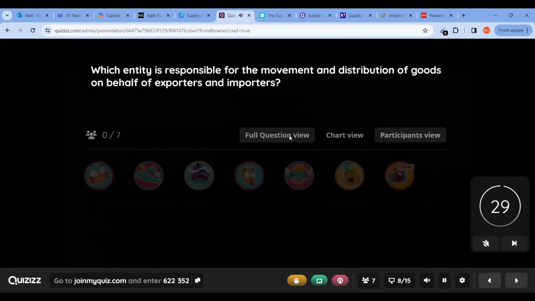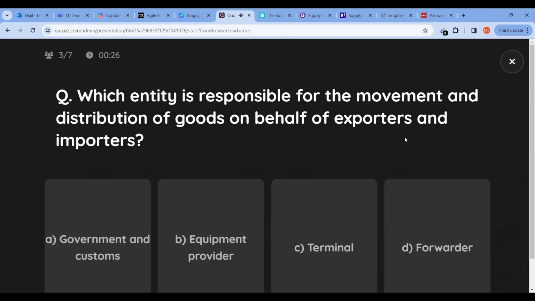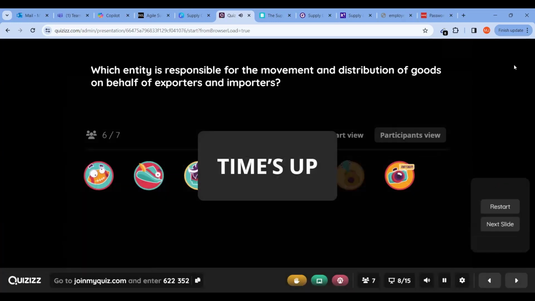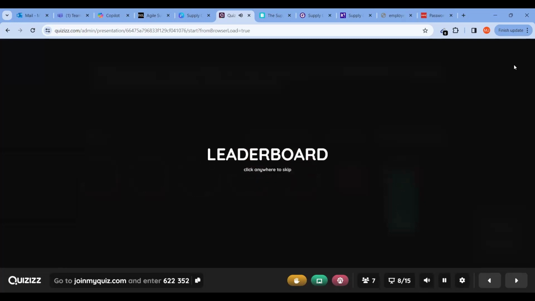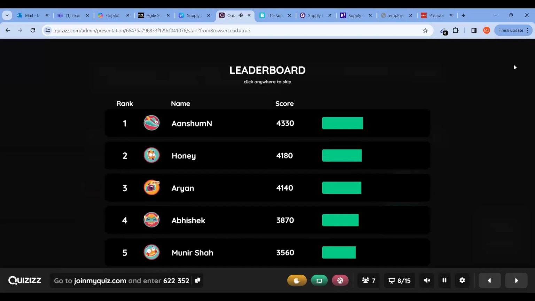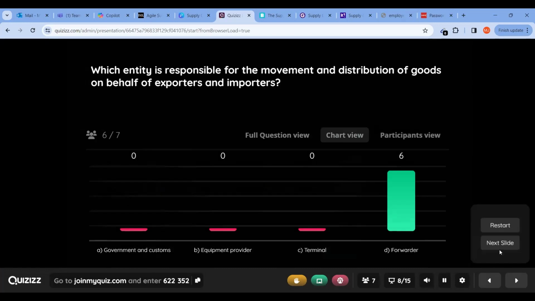What entity is responsible for the movement and distribution of goods on behalf of exporters and importers? So forwarder, yes.